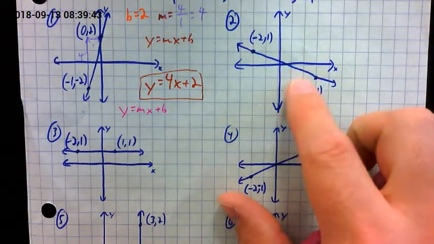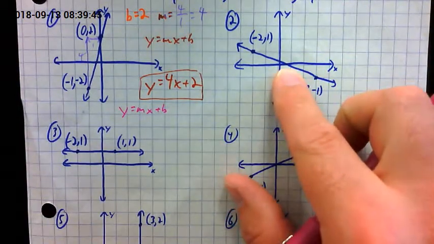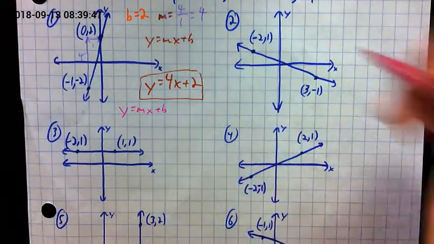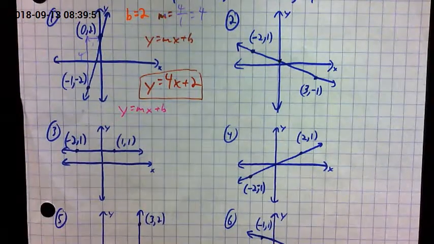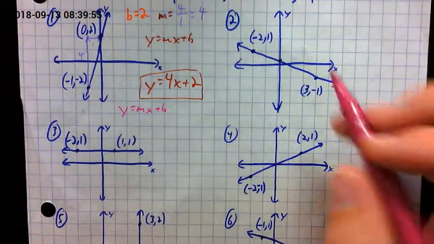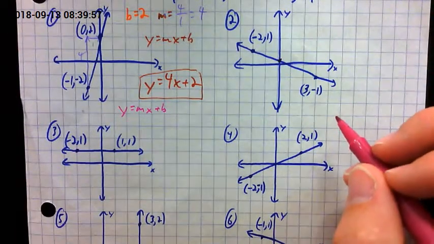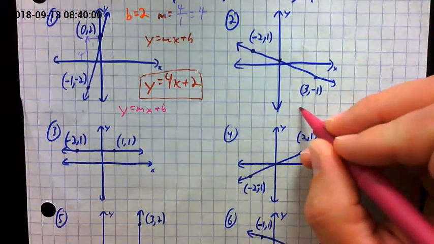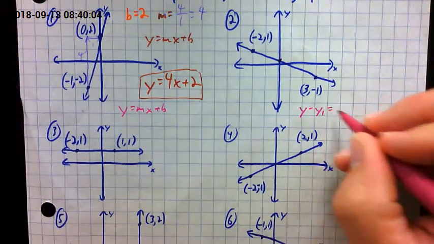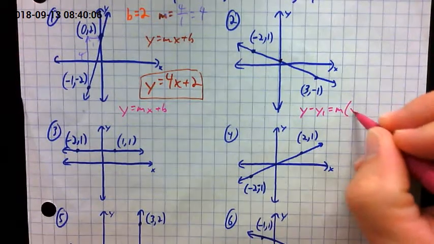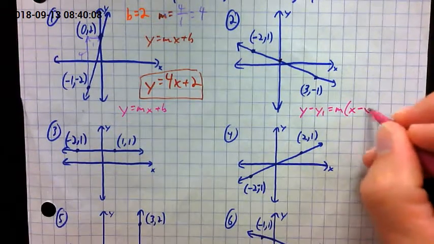On this graph, however, we can't clearly identify a y-intercept because it's going through the y-axis there. It's not at a point where two of the grid lines meet. So for something like this, we could write it in the format of point slope form: y minus y1 equals m times x minus x1.